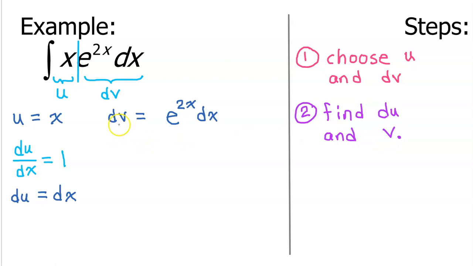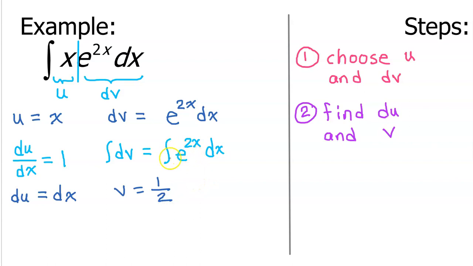We can find v by integrating both sides of this equation. The antiderivative of dv is v. On the right side, we need to do a little mental u substitution. If u is 2x, then u prime is 2. We end up dividing by u prime, so we need to divide by 2 by putting a 1/2 in the front.